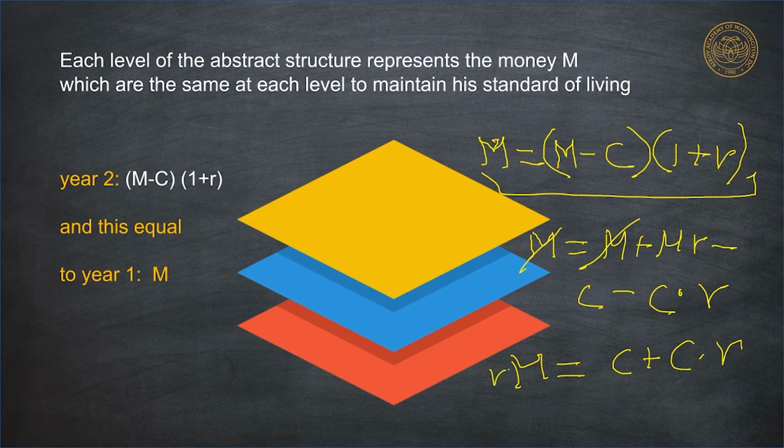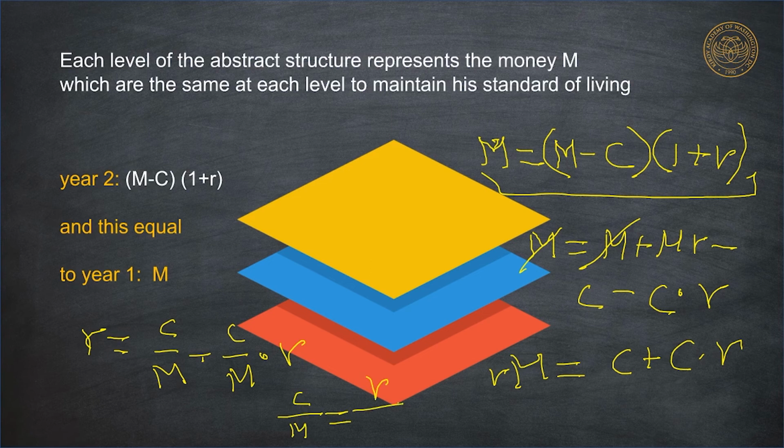So what we do now, we just divide the left-hand side and right-hand side of the equation by M, and we will have R equals C divided by M plus C divided by M multiplied by R, okay?